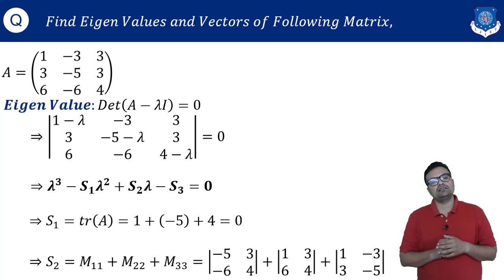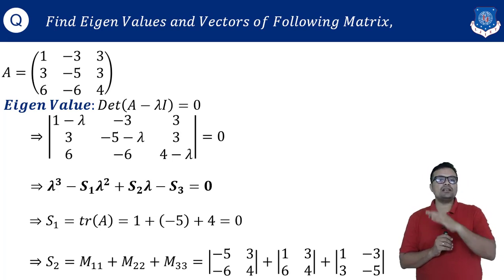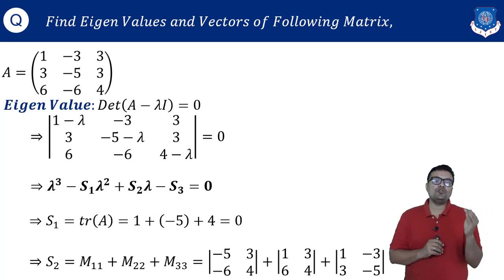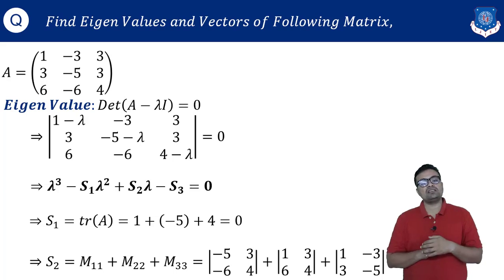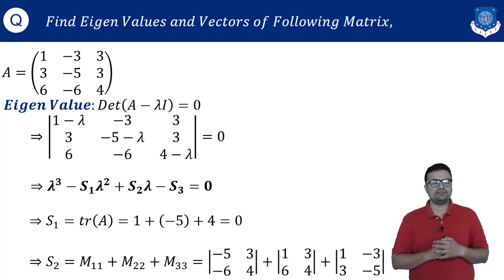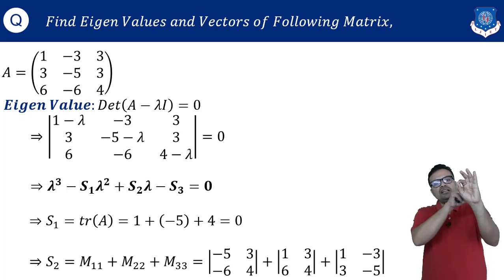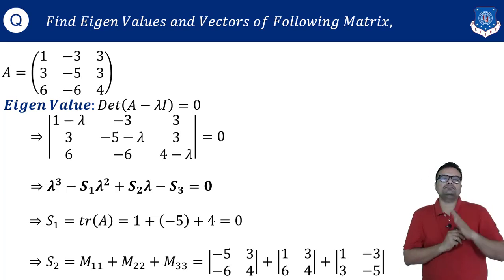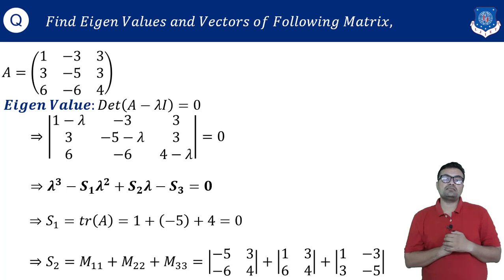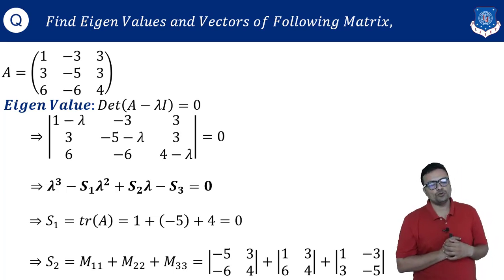S2 is nothing but finding minors of diagonal entries. M11 plus M22 plus M33, these are minors. How to find minors? M11 means you select A11 and then delete that row, delete that column. So what remains? It will give you one submatrix, minus 5, 3, minus 6, 4.